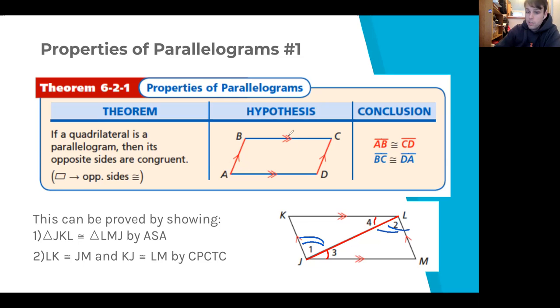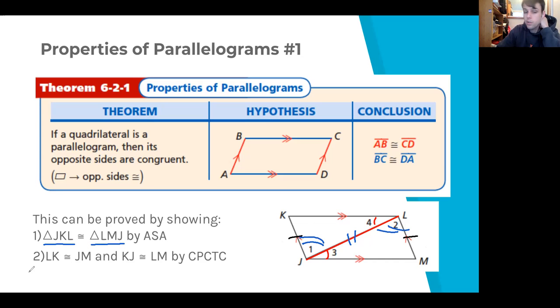So we have two sets of congruent angles, and then the diagonal itself is obviously congruent to itself. That helps us show that these two triangles, JKL and LMJ, the triangle in the upper left and the triangle in the lower right, are congruent by ASA, angle, side, angle. From there, it is very easy to use CPCTC to say that LM and JK are corresponding parts.